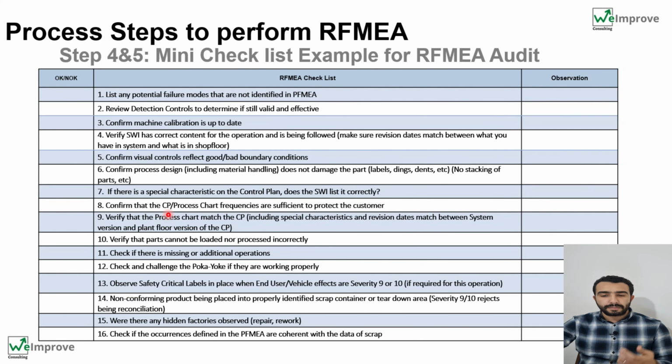Confirm that the control plan and process flow chart frequencies are sufficient to protect the customer. Verify that the process chart matches the control plan. Verify also that parts cannot be loaded nor processed incorrectly. Check if there are missing or additional operations, and so on. So here also you have to check and challenge the Pokayoke to see if it is working properly.